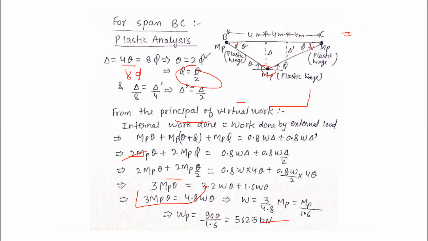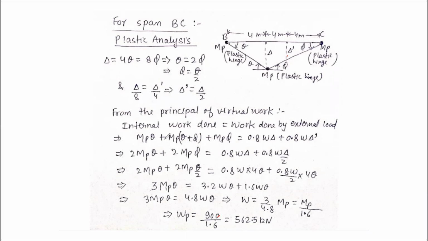Okay. Then, para makuha natin itong value na to, cross multiply lang din. Gawin natin. Ayan. So, for the principle of virtual work, internal work done is equal to external work done by external load.